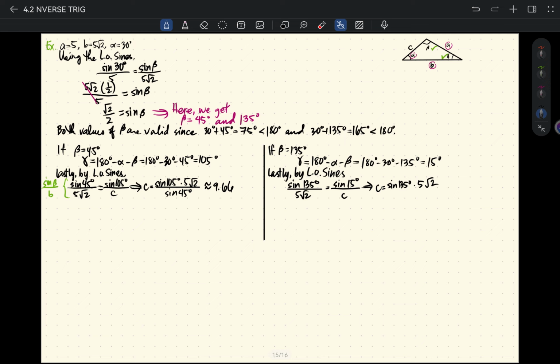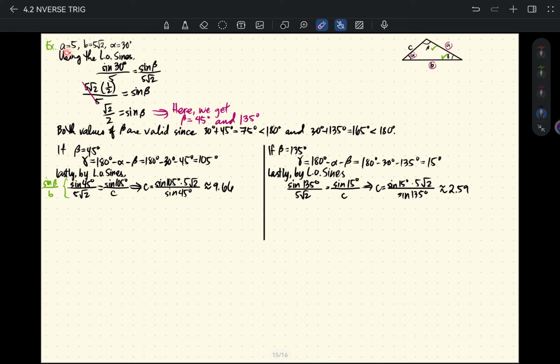No, it's sine of 15 degrees times 5 square root of 2 over sine of 135 degrees, and this one is approximately 2.59. So in this example, we actually have two triangles.